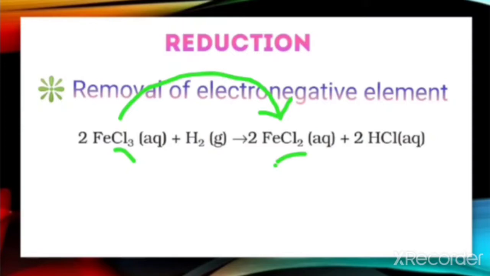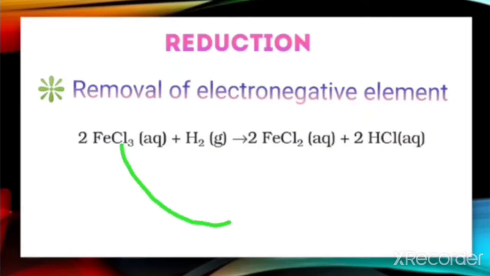So we have learned the reduction and oxidation reactions, but actually there are reactions in which both oxidation and reduction take place. When you take the example of this reaction, from here to here, there is removal of one Cl.